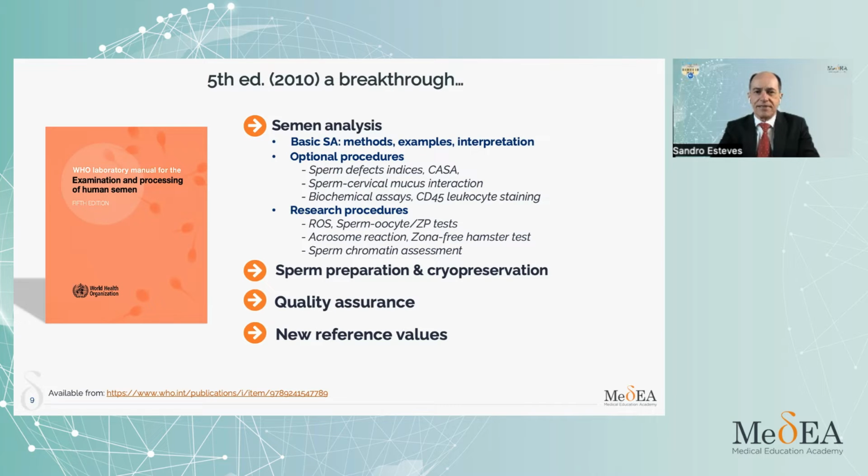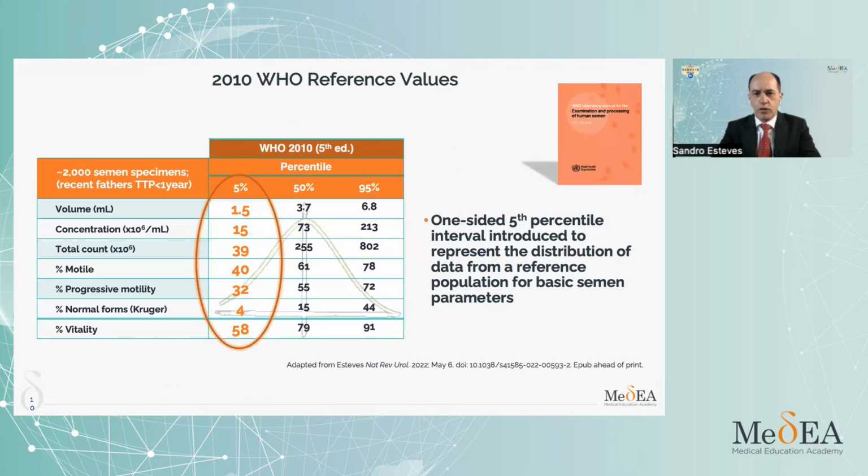This manual has a section dedicated to basic semen analysis, and also a section dedicated to advanced testing, optional testings, for example, biochemical assays and computer-assisted semen analysis, and also a section dedicated to research semen tests like oxidative stress and sperm DNA damage. It has also sections dedicated to sperm preparation techniques and sperm cryopreservation, and a section about quality control and quality assurance.